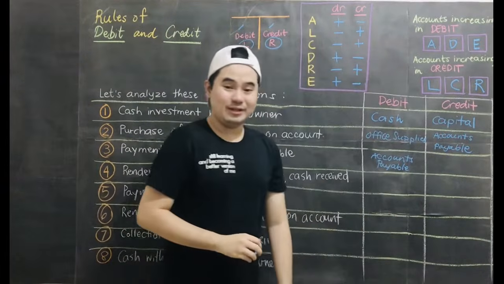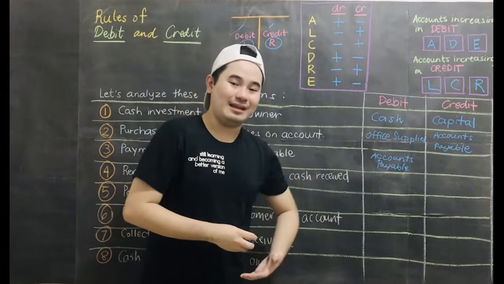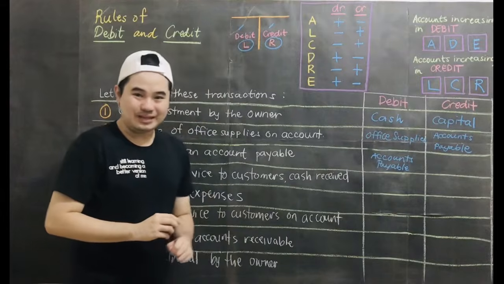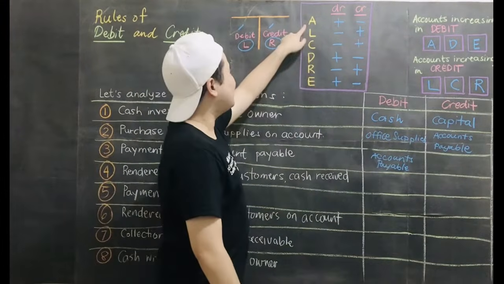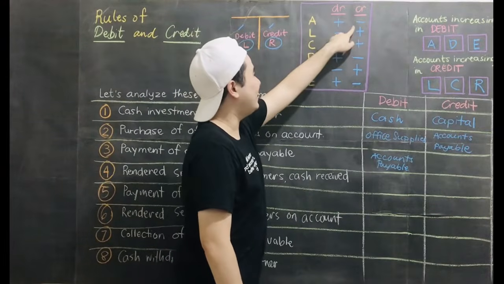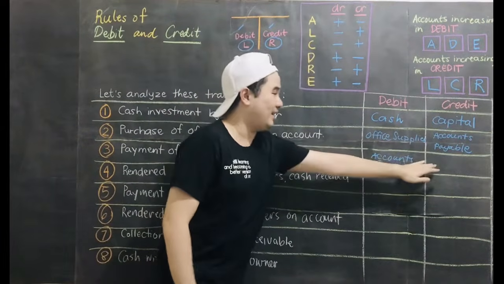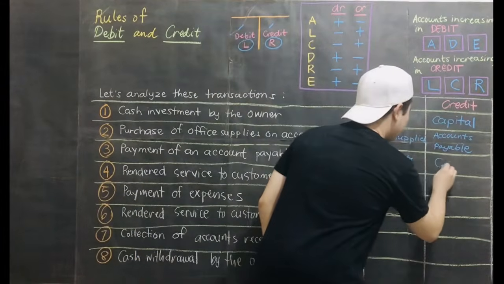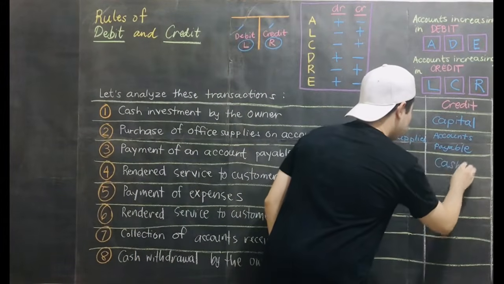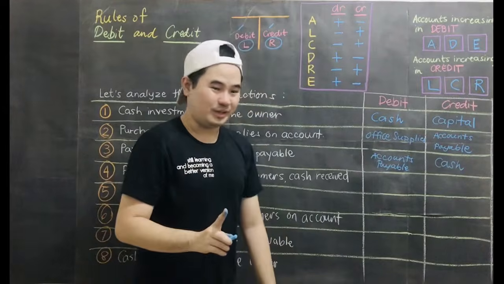Kaso pag nagbayad tayo ng utang, syempre may mawawala din sa atin. Pag nagbayad tayo ng utang, mawawalan tayo ng cash. Cash is an asset. Pag nawawala ang asset, nilalagay sa credit. So, lalagay natin dito, credit, cash. Tapos, pansinin yung mabuti.